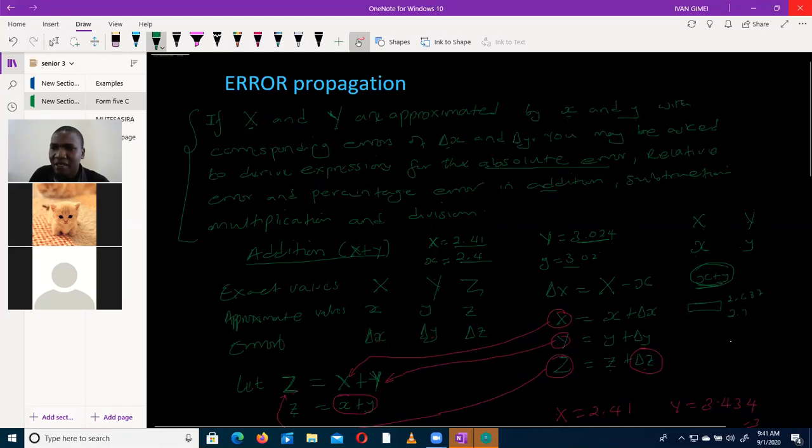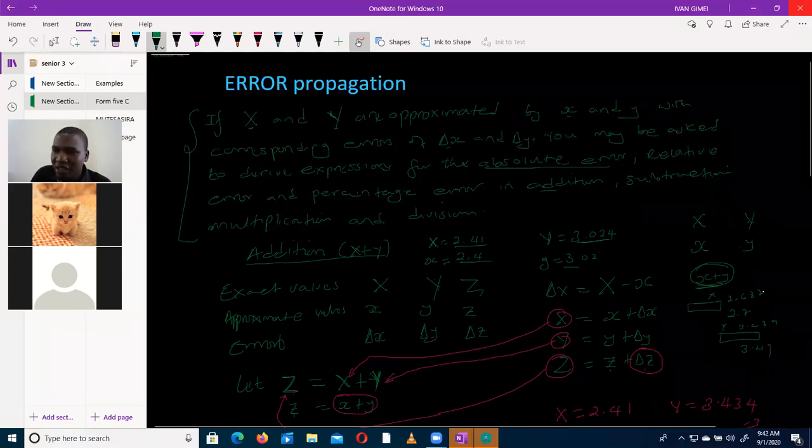Then I also measure the length of some other thing as, let's say, 3.489, and round it off to 2 dps as 3.49. Then if this is my x and this is my y, somewhere they want me to get the sum of the length.